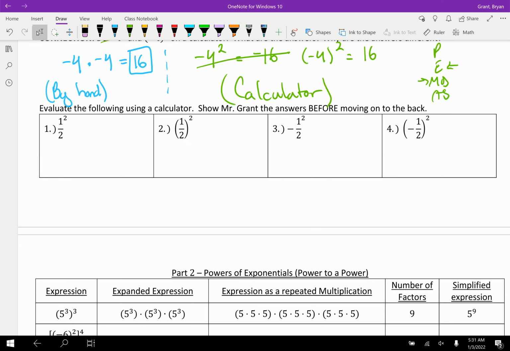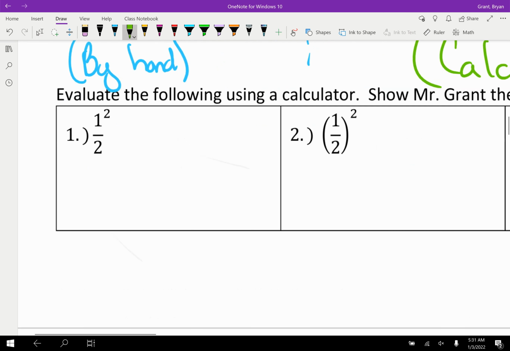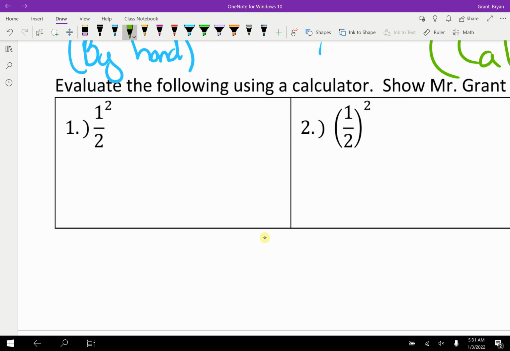All right. Well, when you do 1 divided by 2 squared on your calculator, what your calculator is going to do, and I'll zoom in here, is it's actually going to do 1 squared over 2. Okay? So depending on how you type this into your calculator, you might get 1 over 2. You might also get 1 over 4. Okay?